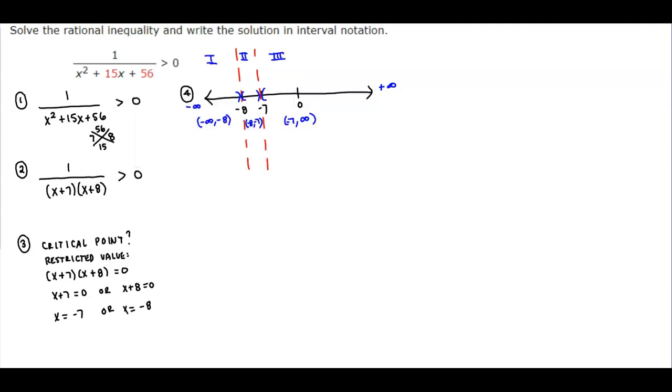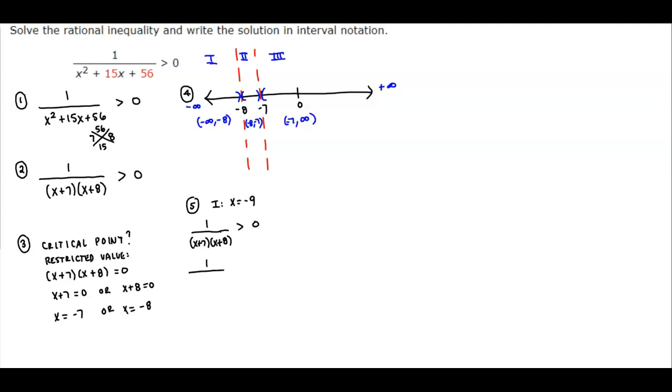So now we're going to test. For region number 1, we can pick the value of x to be -9, and then we plug it in. We have 1 over x plus 7 times x plus 8, and we want to see if it's greater than 0.